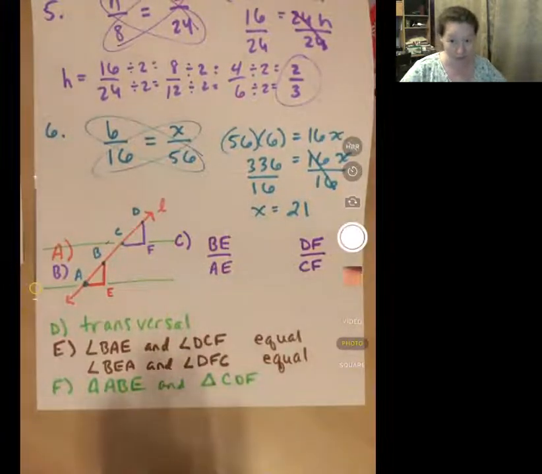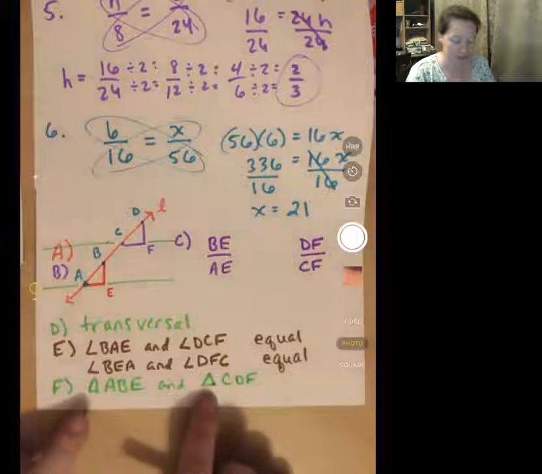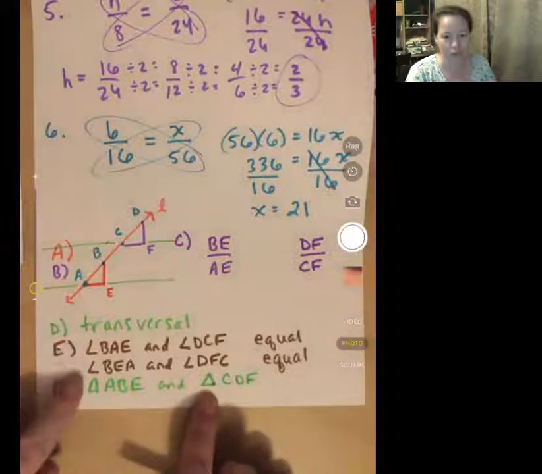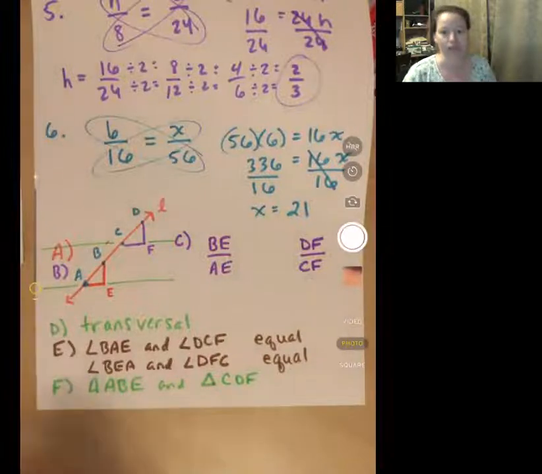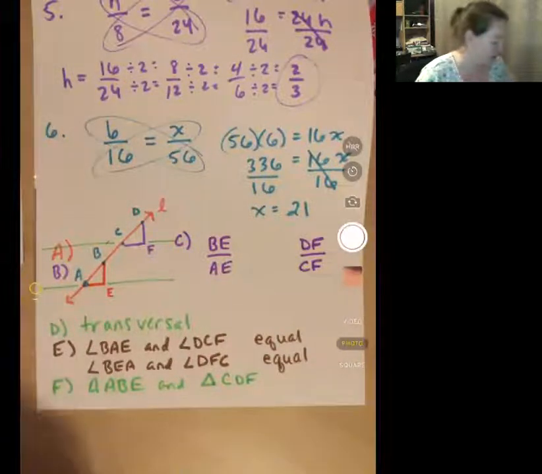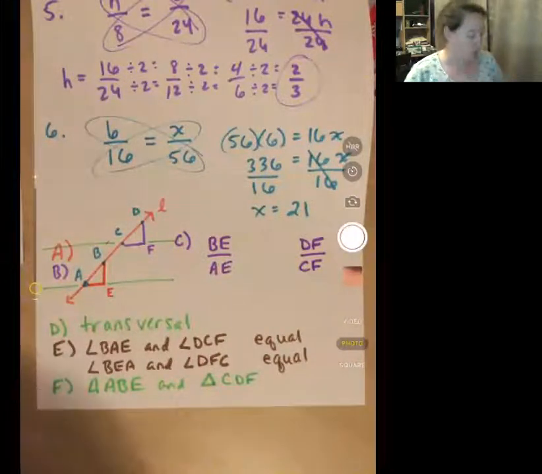Are you with me so far? So in geometry, we literally put in front of it what it is. That is an angle. This is a triangle. We put that there so that we know what we're doing.